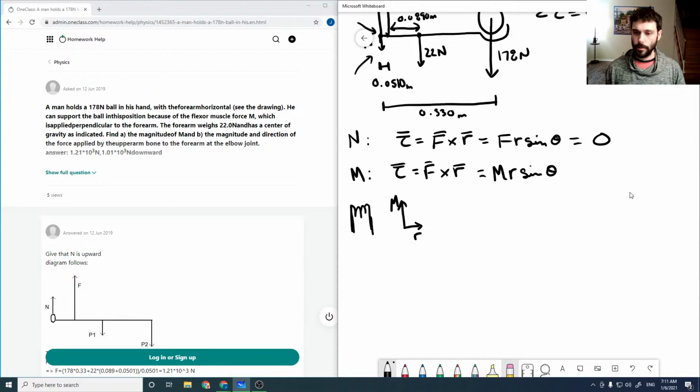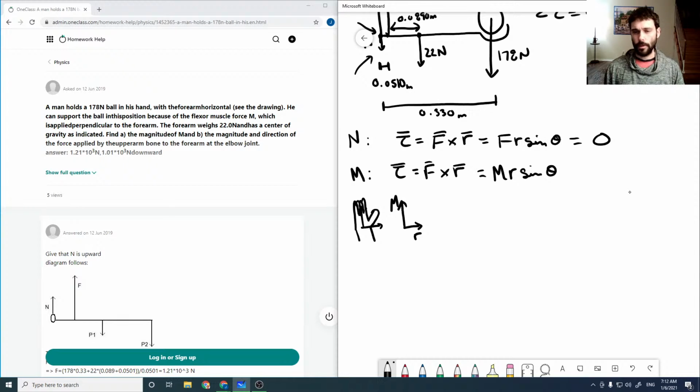Then your thumb points in the direction of the torque.